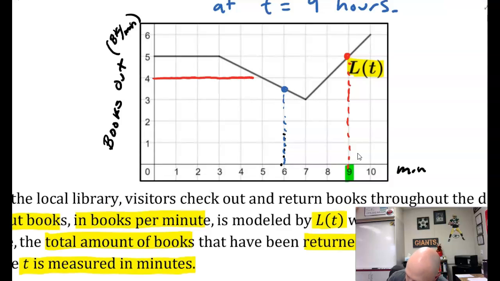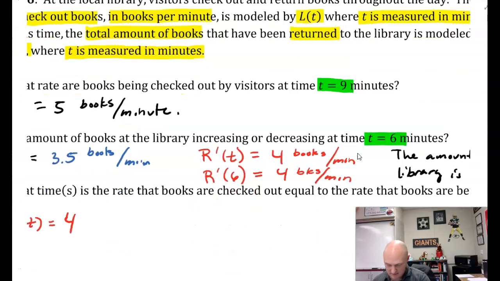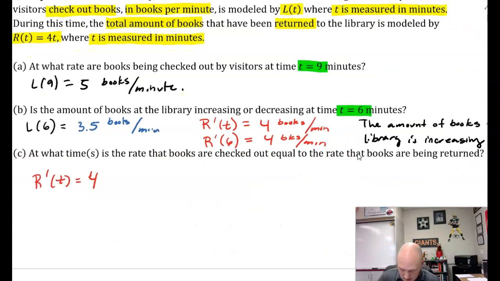So I'm going to draw this imaginary line, this secondary function. Here's our return rate. It's 4. And when is it equal to the rate that they're leaving? Well, right here's an intersection, and right here's an intersection. So it looks like t equals 5 and 8.